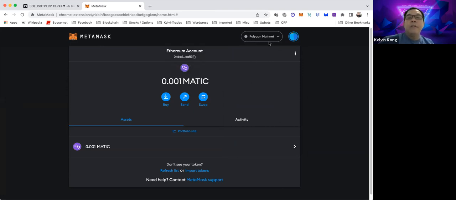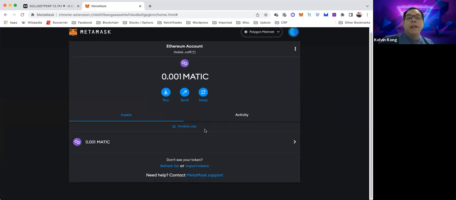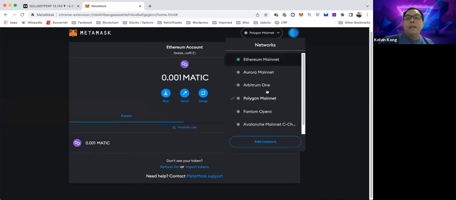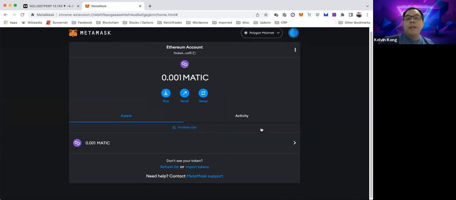So for example, if I change to a Polygon blockchain, Polygon mainnet, you will see the wallet, although the address is the same, the tokens are different. Let's say I change to Binance Smart Chain.